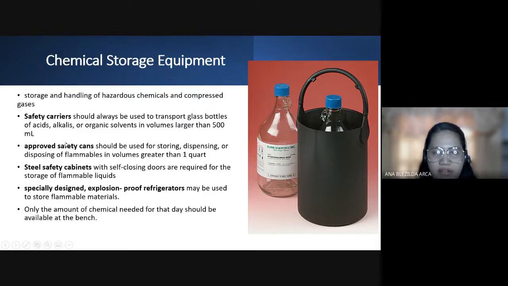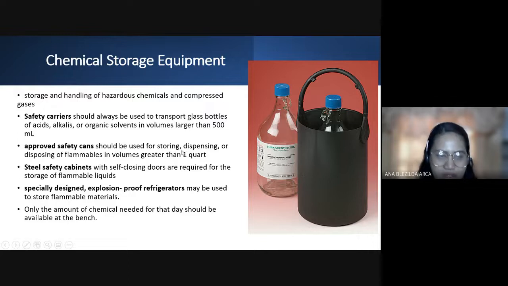Besides that, meron tayong mga safety can used for storing, dispensing, or disposing of flammable in volumes greater than 1 quart. So, bakit kailangan meron ka mga safety can? Kasi nga flammable yan, so hindi mo siya dapat i-transport or i-store ng maramihan.